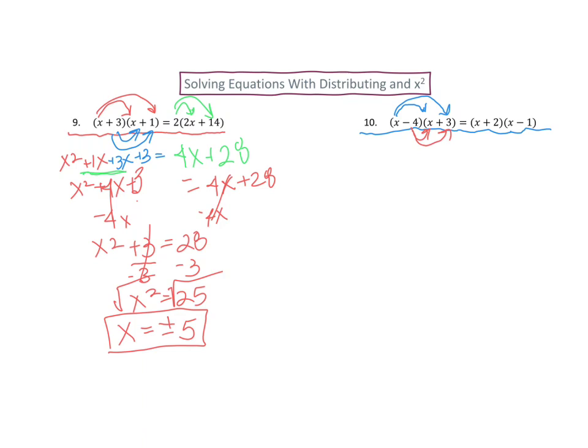Let's see, what do we get? X times x is x squared. X squared. X times 3 is plus 3x. Negative 4 times x is minus 4x. And negative 4 times 3 is minus 12.